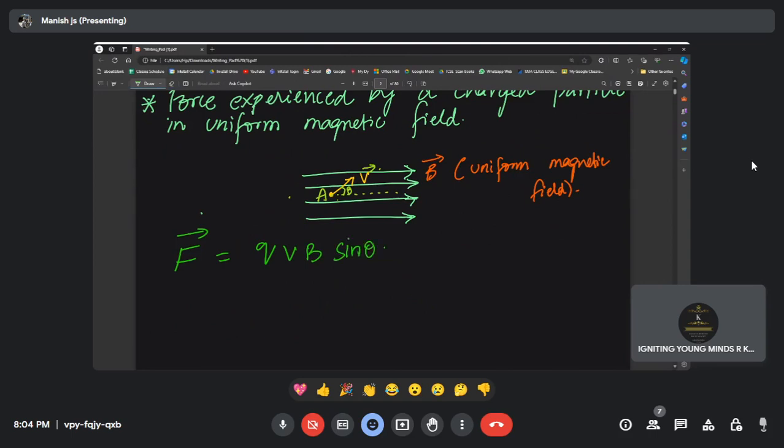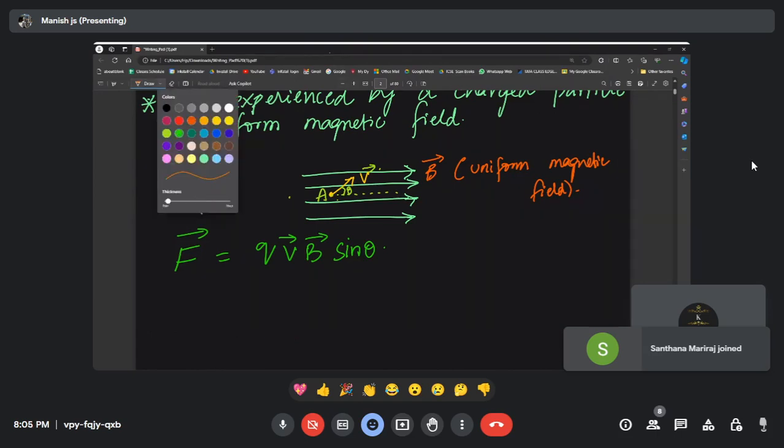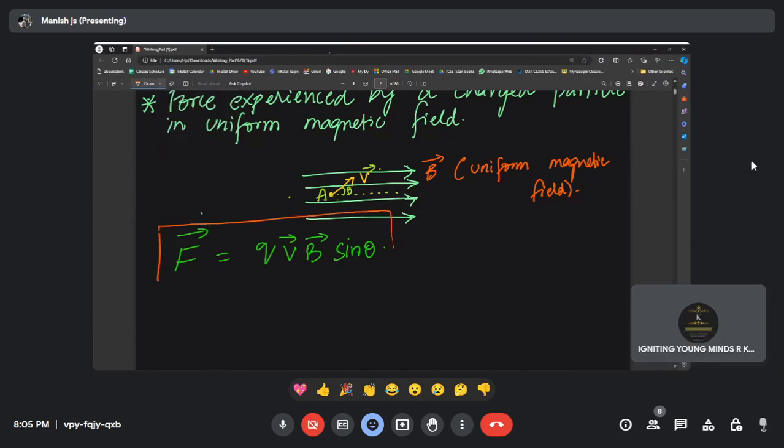So this is basically the force experienced by a particle that is moving in the region of uniform magnetic field, making an angle of theta with the magnetic field vector. For V also you can use the vector representation. In short, QVB sine theta is the force experienced by the particle.